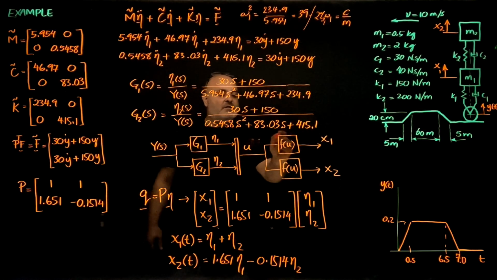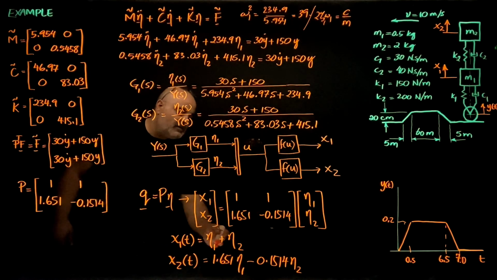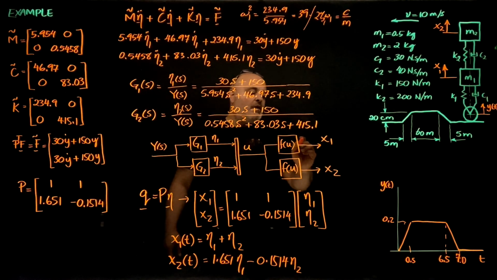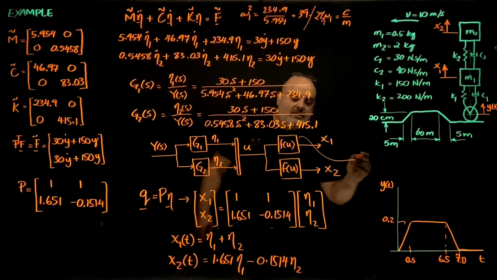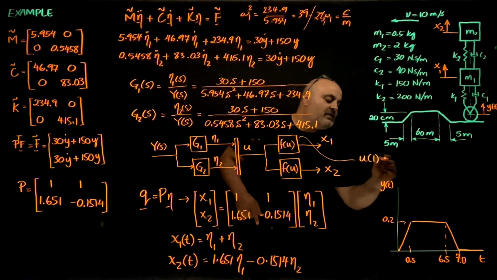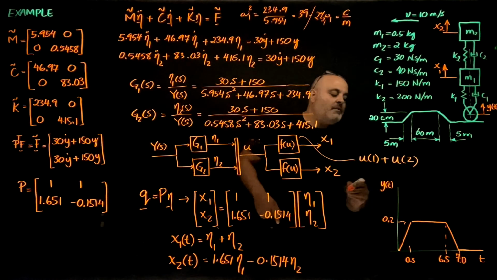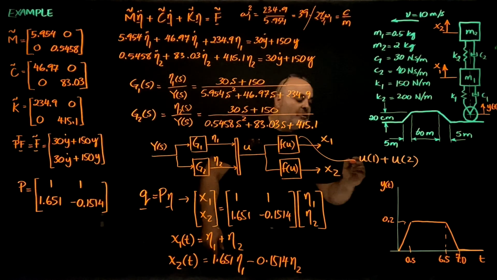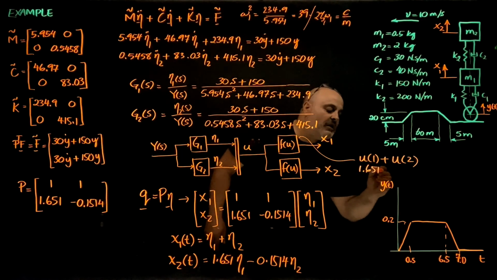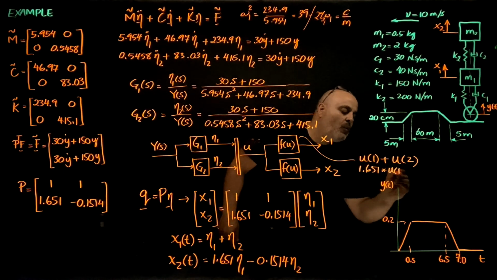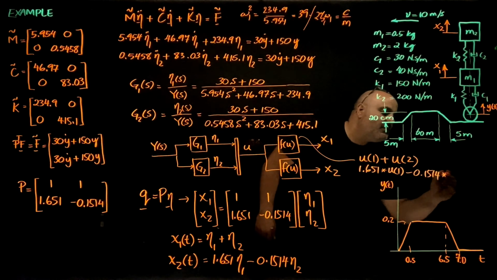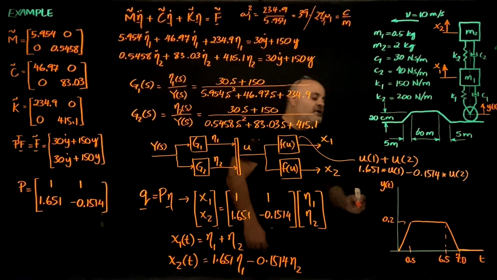Inside this block, I will have this equation, which is basically eta 1 is going to be u1 plus eta 2 is u2. And inside the second block, it's going to be 1.651 times u1 minus 0.1514 times u2, which is eta 2.